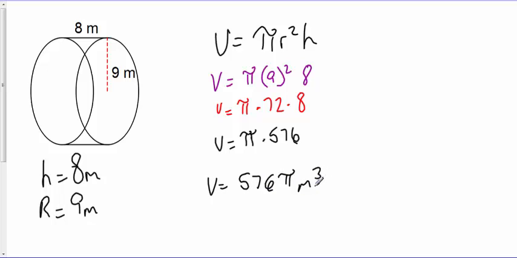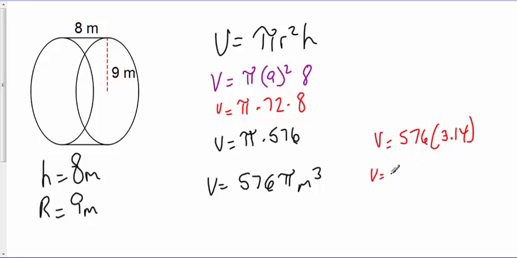meters cubed. Now, if I want to not leave it in terms of pi, then I would have to go ahead and go volume equals 576 times 3.14. By doing that, times 3.14, we're getting an estimation. And we're going to go out to 2 decimal places.